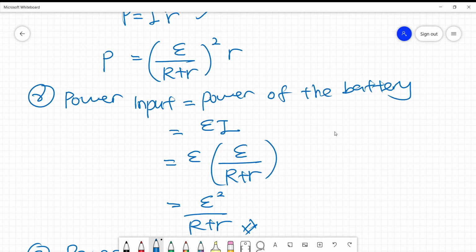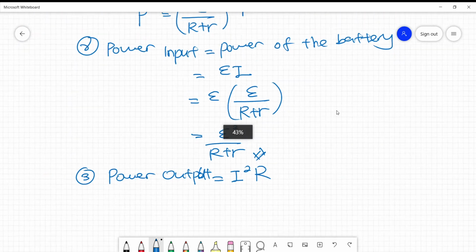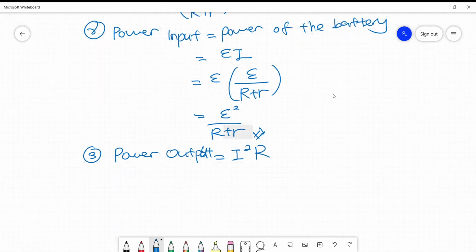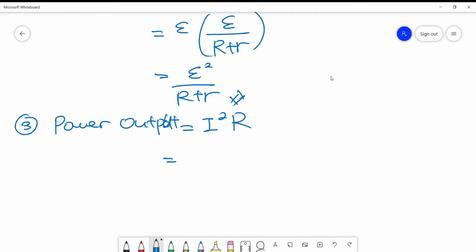So that's the difference, and I hope you can distinguish it clearly. Okay, so it is always the same, E divided by R plus r, squared, multiplied by R. So this is the power output.